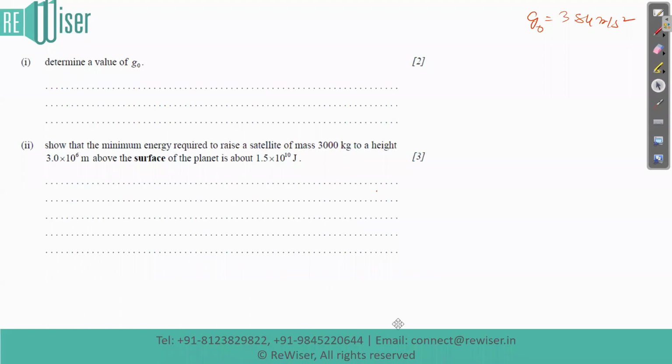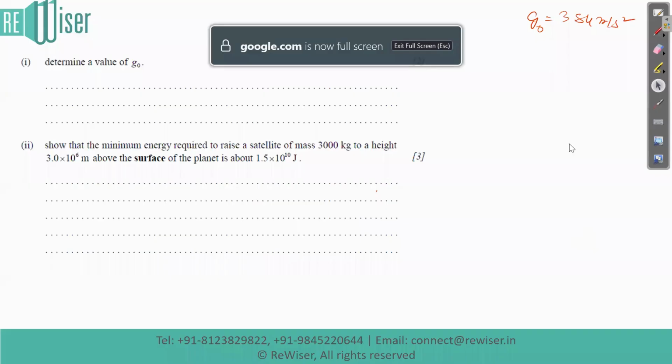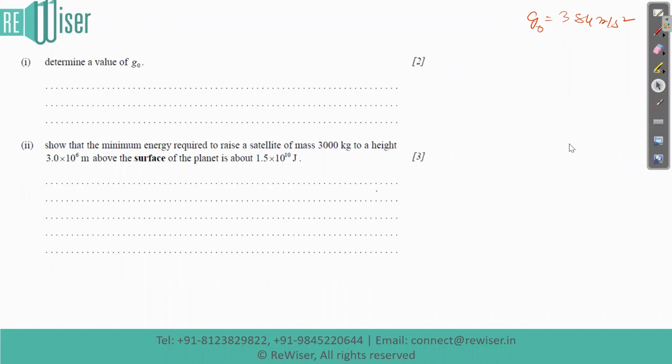Now, next question. Second question: show that the minimum energy required to raise a satellite of mass 3,000 kg to a height of this much above the surface of the planet is about 1.5 into 10 to the power 10 joules. So basically, they're asking us to find out the work done in order to raise a 3,000 kg mass satellite from the surface to a height of this from the surface.